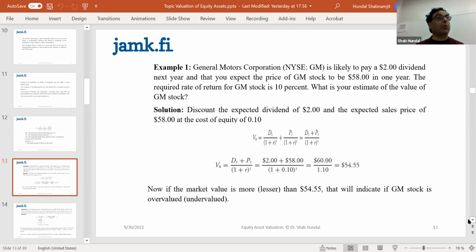When the words required rate of return come, it means this is the hurdle rate. This is the bare minimum rate of return which the company would promise to give to its investors.